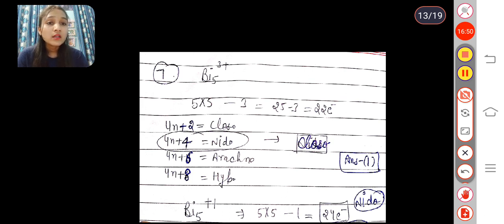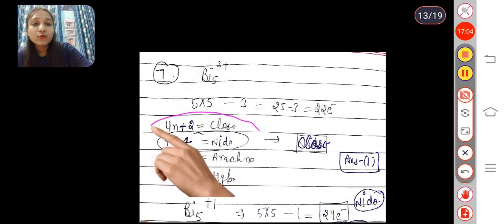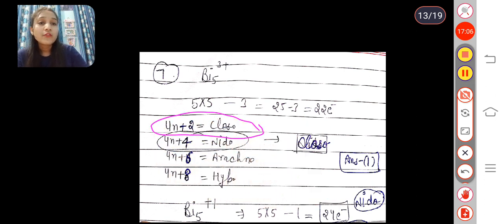As you go with the question, Bi5 3 positive is basically 4n plus 2 type, as we have 22 electrons now. So the value of n here is 5. So 4 into 5 is 20 plus 2, 22. So this is closo. Bi5 3 positive is a closo type of cluster.